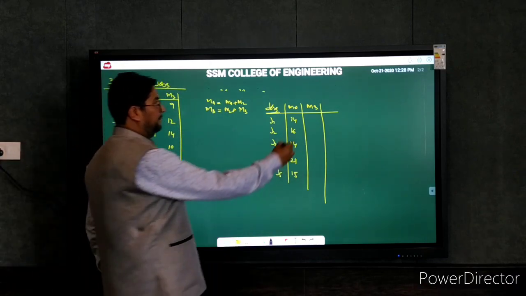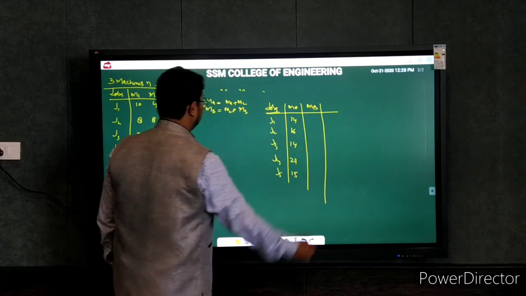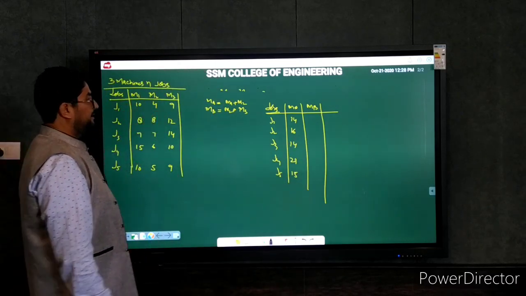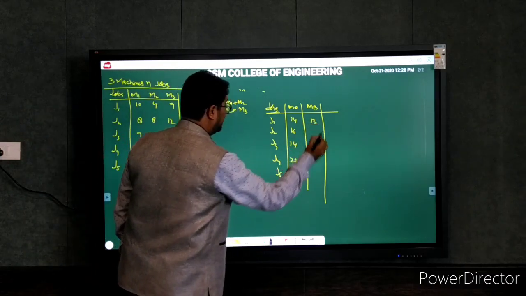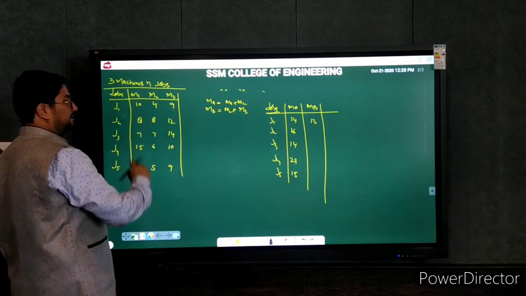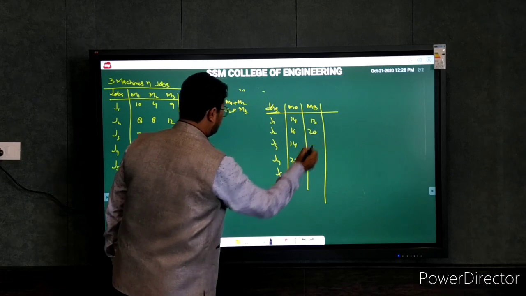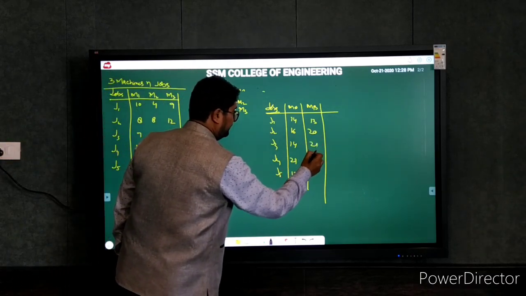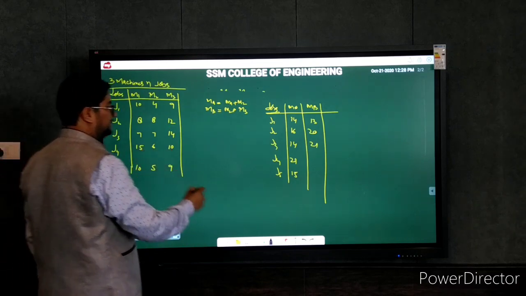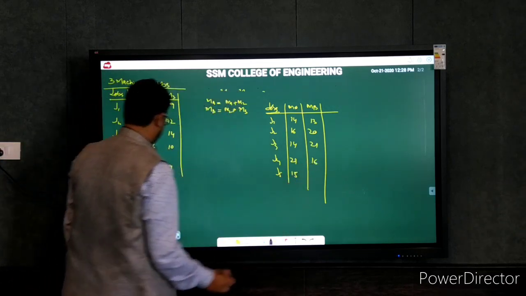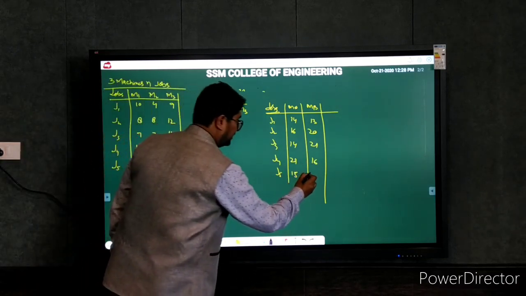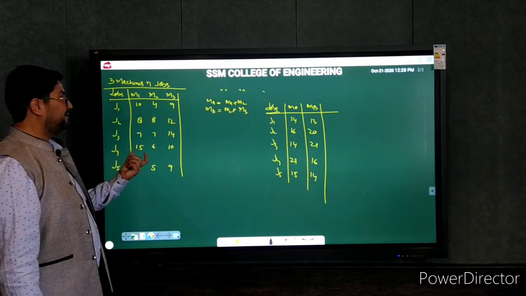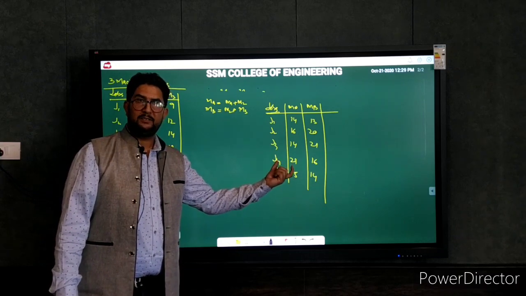Machine B, that is machine 2 plus machine 3: 4 plus 9, that becomes 13. 8 plus 12, 20. 7 plus 14, 21. 6 plus 10, 16. And 5 plus 9, that is 14. Now we have turned 3 machines to 2 machines.